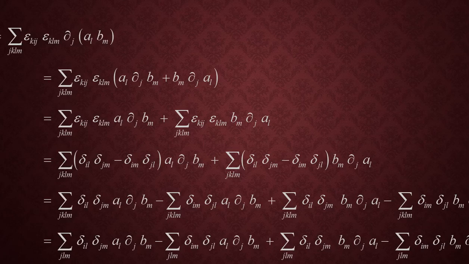Then the representation becomes summation sigma over jlm delta suffix il delta suffix jm al dou j bm minus summation sigma over jlm delta suffix im delta suffix jl bm dou j al plus sigma over jlm delta suffix il delta suffix jm al dou j bm minus summation sigma over jlm delta suffix im delta suffix jl bm dou j al.